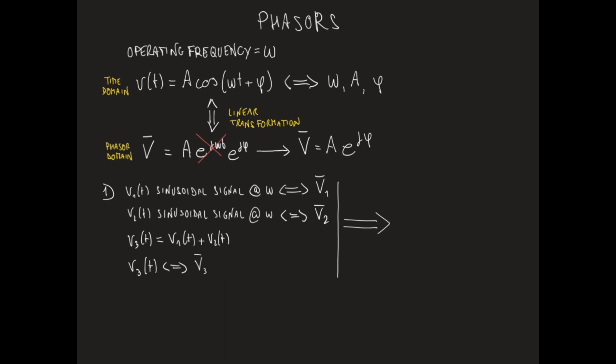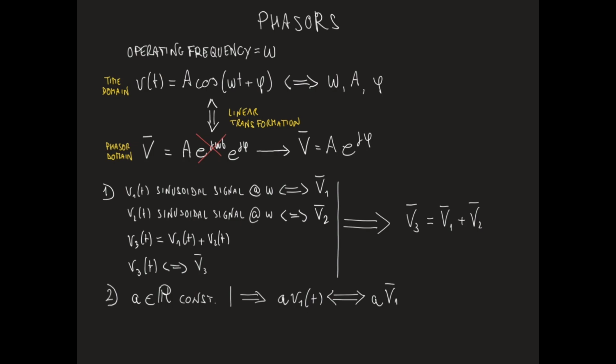Then V3 bar is equal to V1 bar plus V2 bar. So the sum of two sinusoidal signals in the time domain corresponds to the sum of two phasors in the phasor domain. Moreover, if A is a real constant, then A v1 of t in the phasor domain will be represented by A V1 bar.